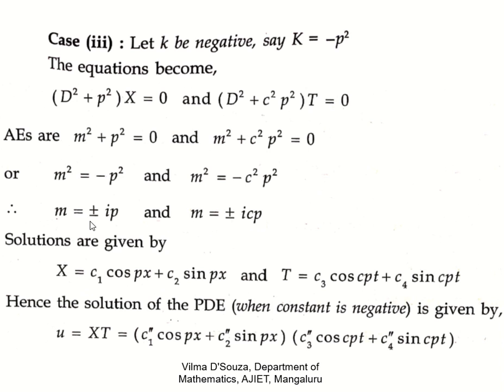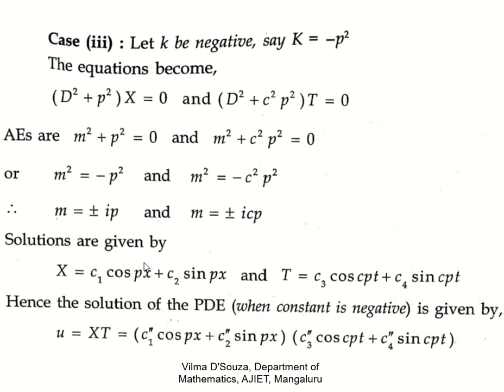This is of the form a plus or minus ib. A is 0, b is p. Right? So what is your root? C to the e to the power ax, that is e power 0x, that is 1.